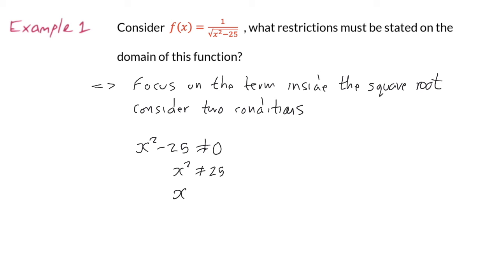And then, of course, that means that x is not equal to plus or minus 5. So thinking about dividing by 0 leads to that answer, but that's only part of the solution. We now need to consider the fact that not only can it not be 0, it's not allowed to be less than 0. So we're now saying that x squared minus 25 should be greater than or equal to 0. We know, of course, that it shouldn't be 0, but let's think about this separately and then combine both ideas.